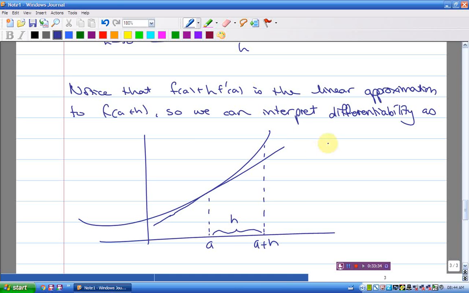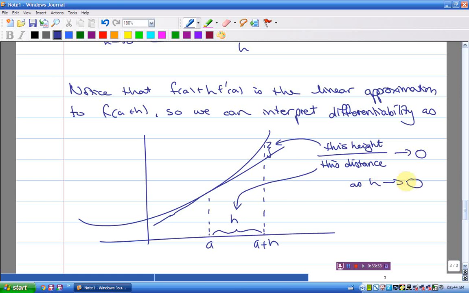I'm going to write this height over this distance tends to 0 as h tends to 0.